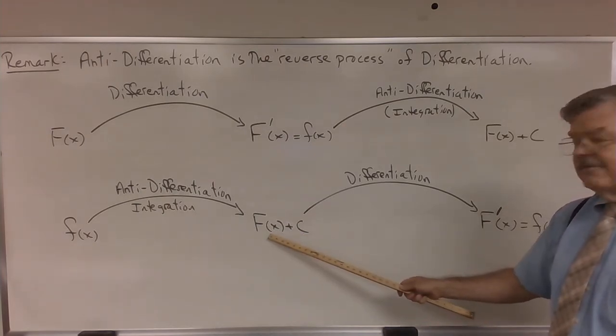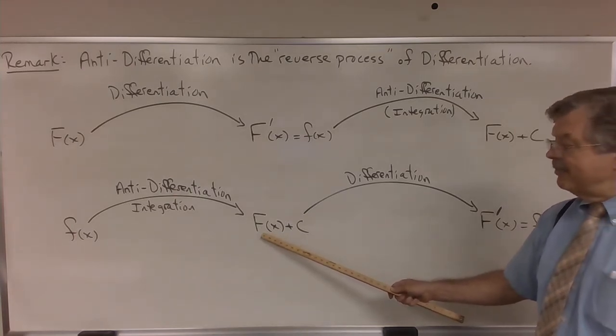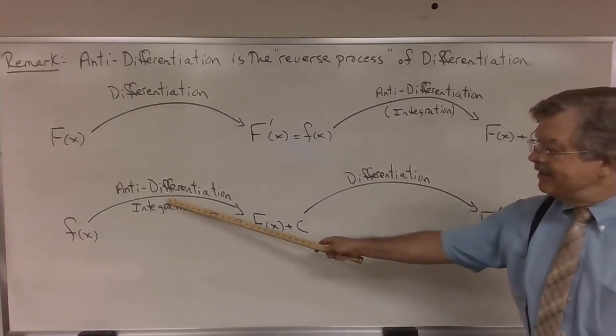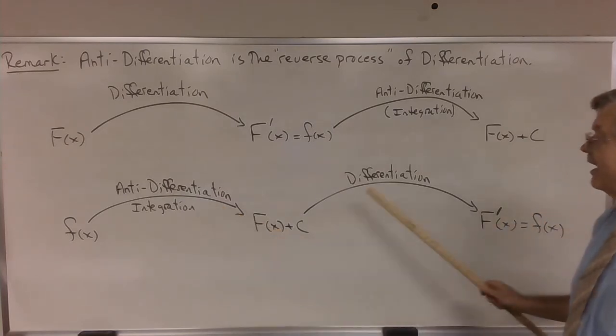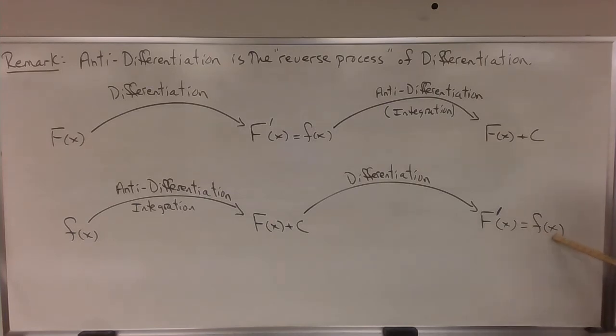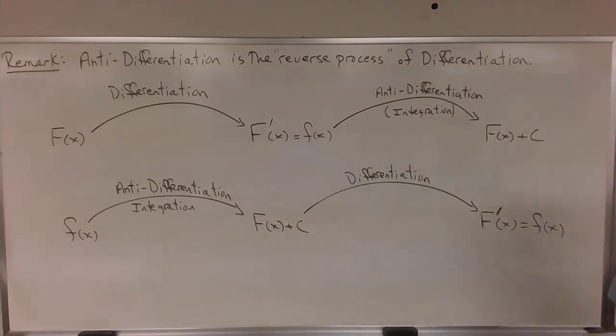And since capital F of x is an antiderivative of little f of x, when we differentiate capital F of x, we get capital F prime of x, which is equal to little f of x. So the point here is that if we antidifferentiate or integrate and follow it up with differentiation, we get back exactly what we started with. So these are essentially the reverse processes of one another.